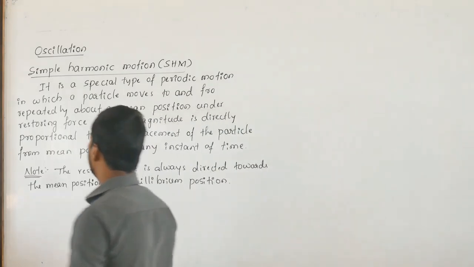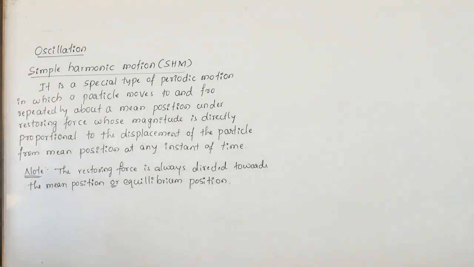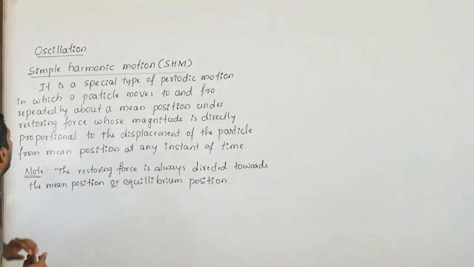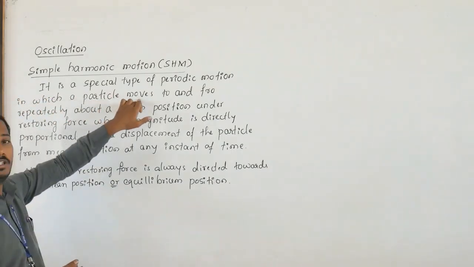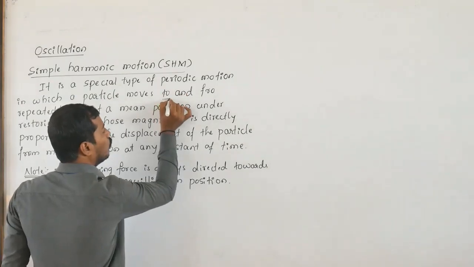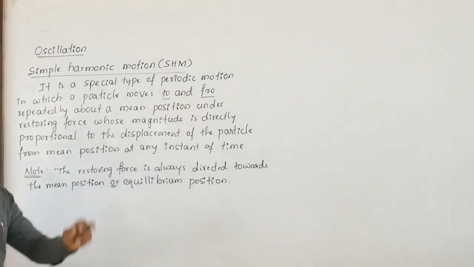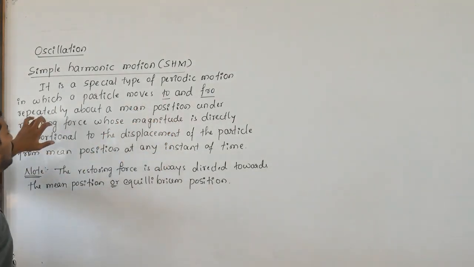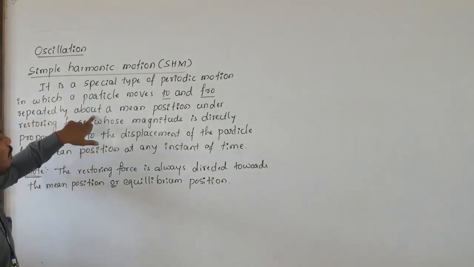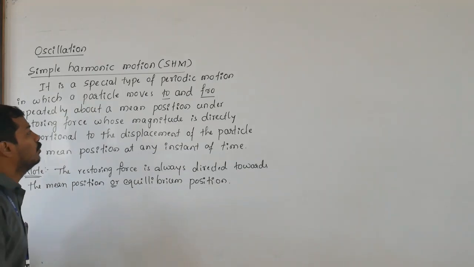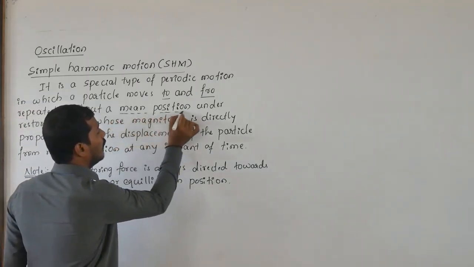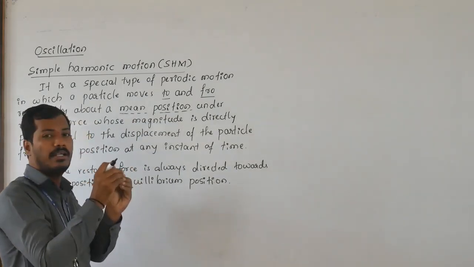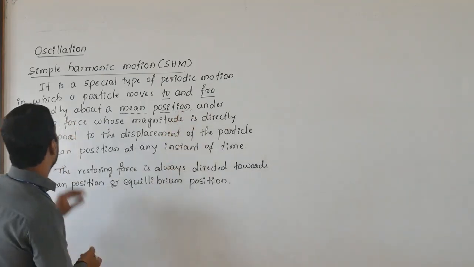Simple harmonic motion is a special type of periodic motion in which the particle moves to and fro, also called back and forth, repeatedly about its mean position. The mean position is where the particle is initially. Then there is the restoring force.